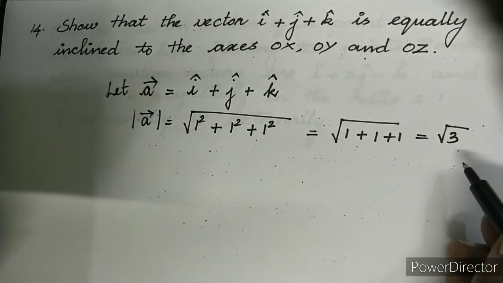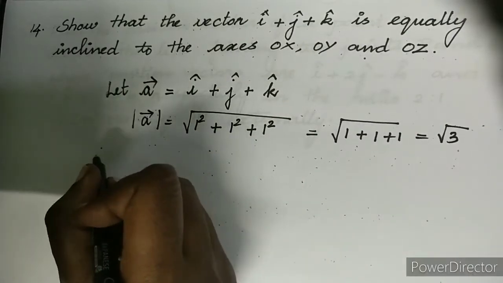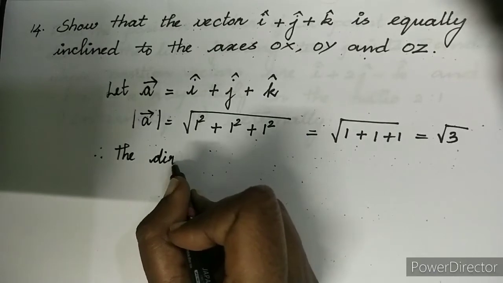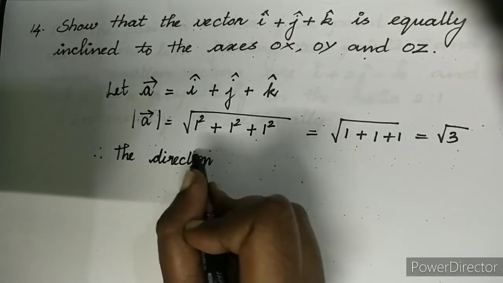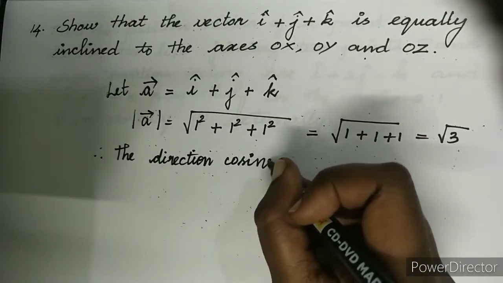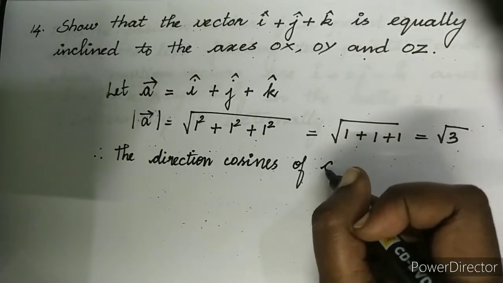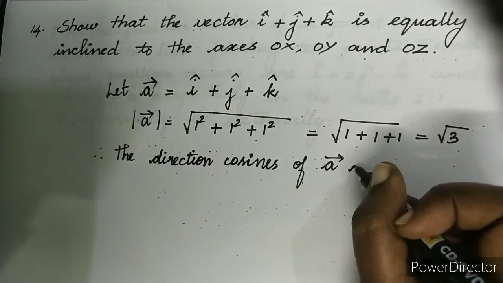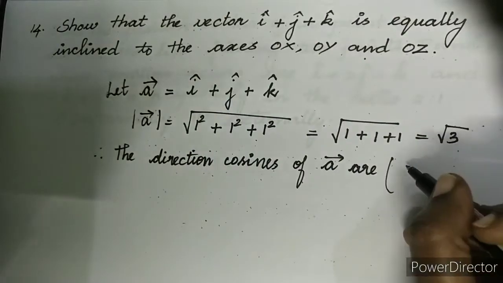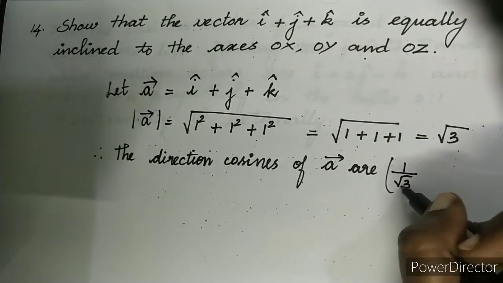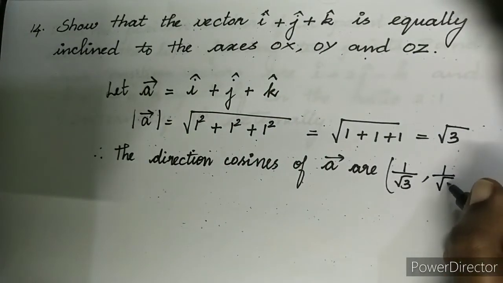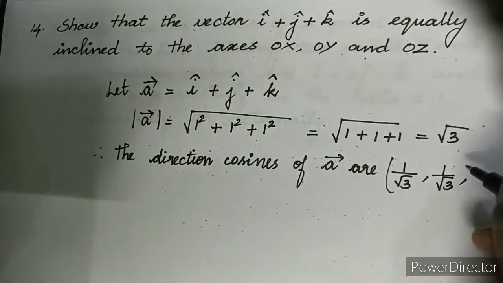Next, we will write the direction cosines. Therefore, the direction cosines of A vector are 1 by root 3, comma, 1 by root 3 and 1 by root 3.